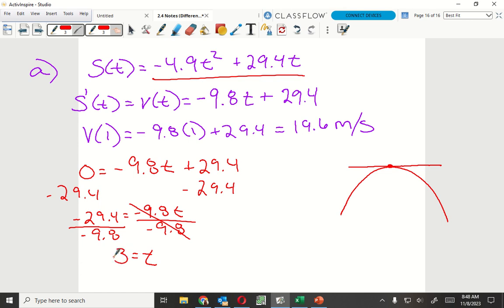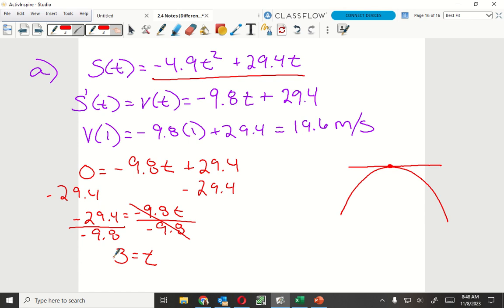Positive 3. Now, t represents what? T is my what? Is it time? It's my time, right? Now, think of the limits on that. What can you not have when you're talking about time? Negative time. Can't have negative. No negative time. So if there's a negative time, that means that this happened outside of the interval that I'm allowed to have.